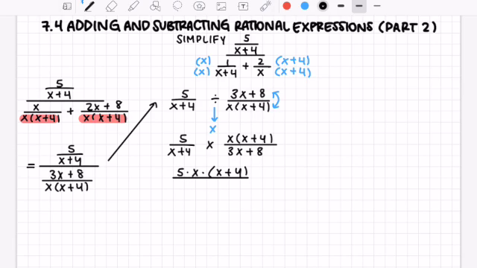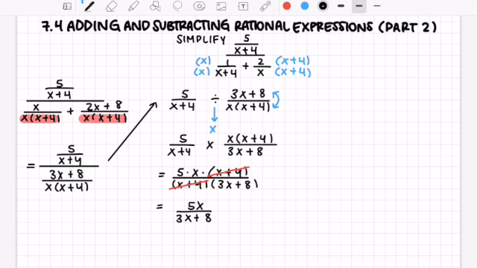On the bottom, I have x plus 4 times 3x plus 8. Because I didn't combine it, I ended up seeing that the factors x plus 4 can be canceled out, and I'm left with my simplified fraction 5x over 3x plus 8.